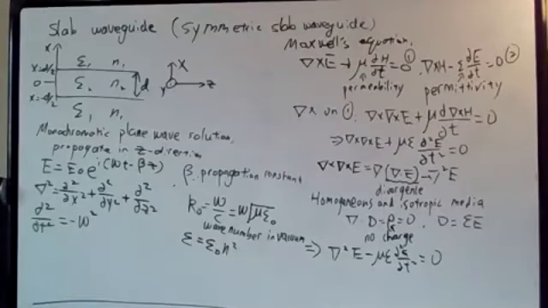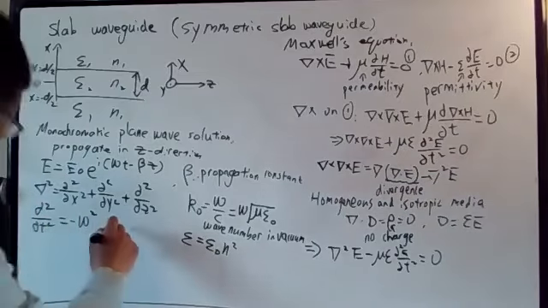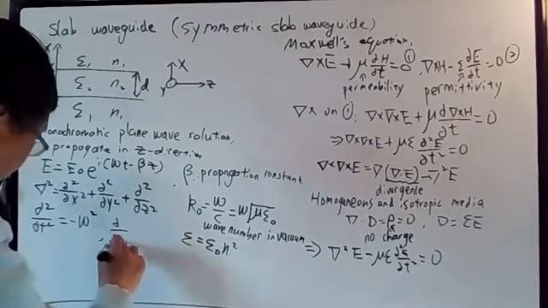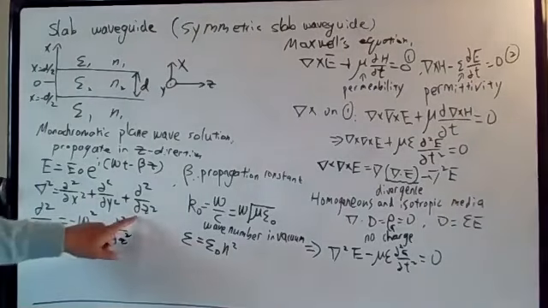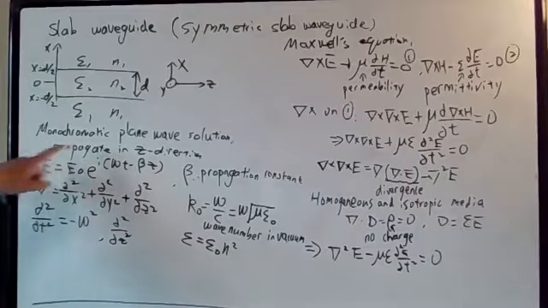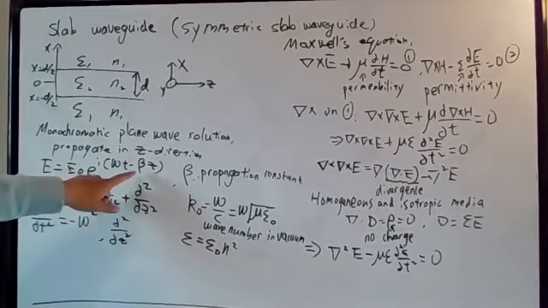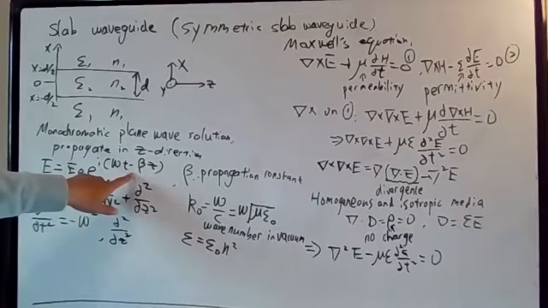Now let's look at partial z squared. The second derivative in terms of z: when we apply the derivative on z, we have negative i beta falling down.